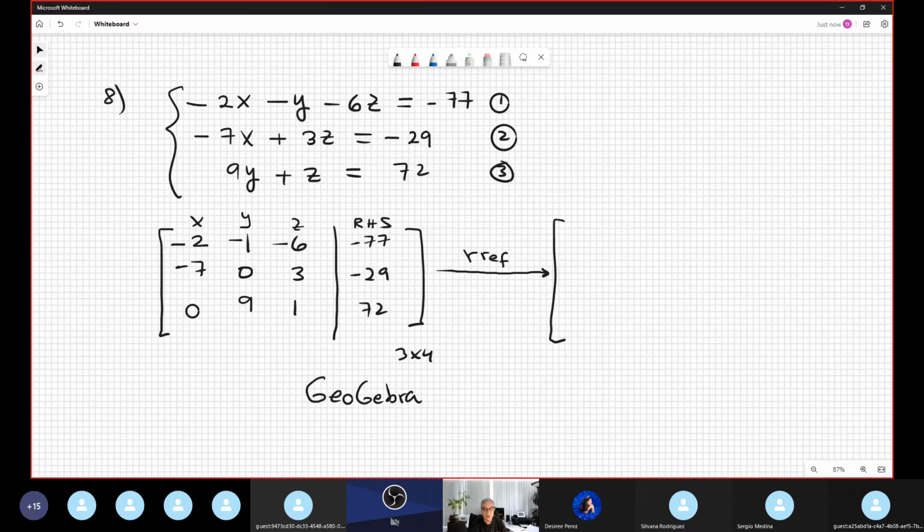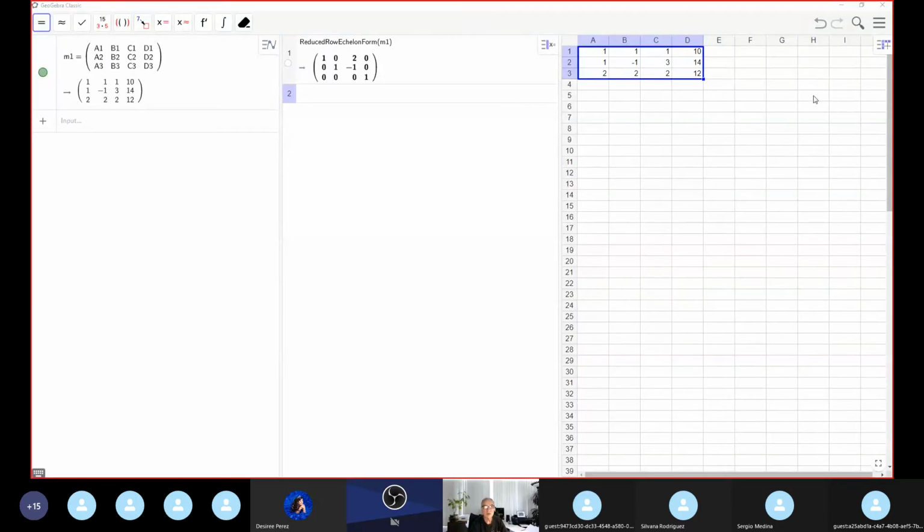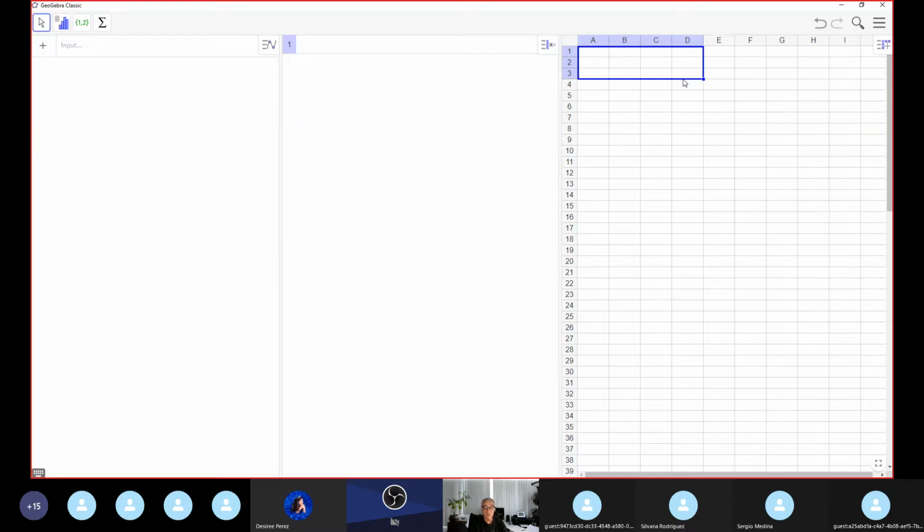Let me share the screen. GeoGebra. Yes. Let me select everything. You go to the spreadsheet and you delete. New computer.